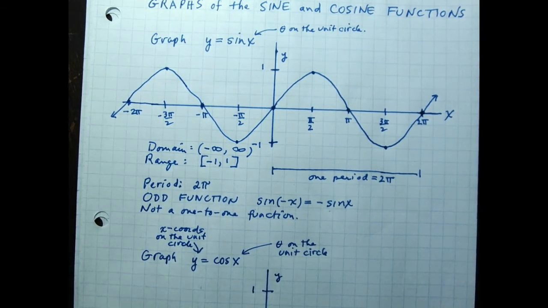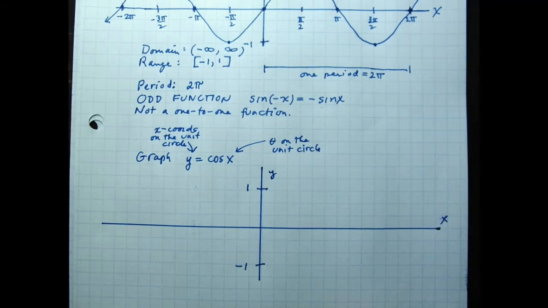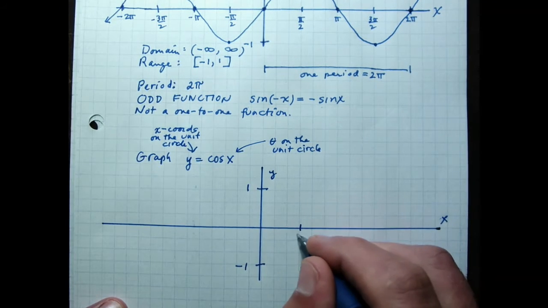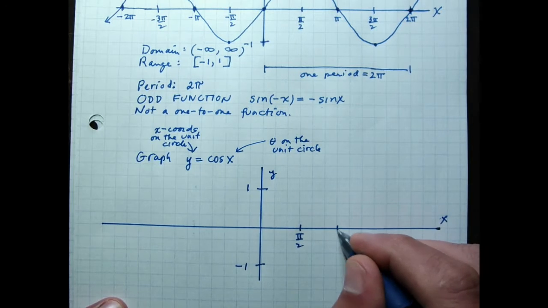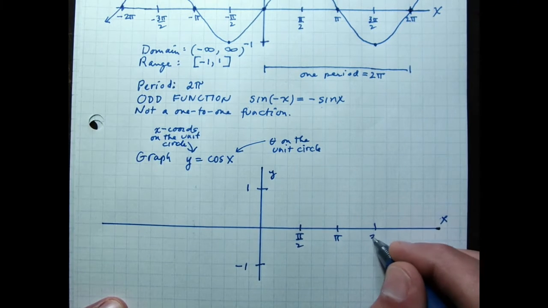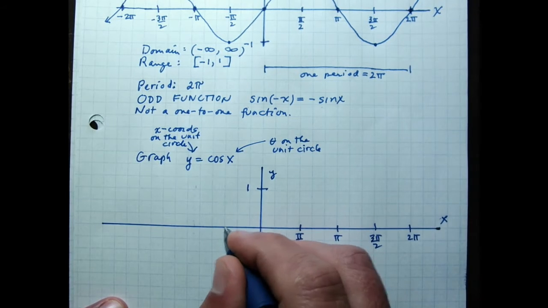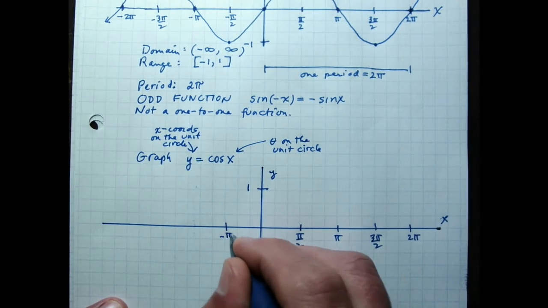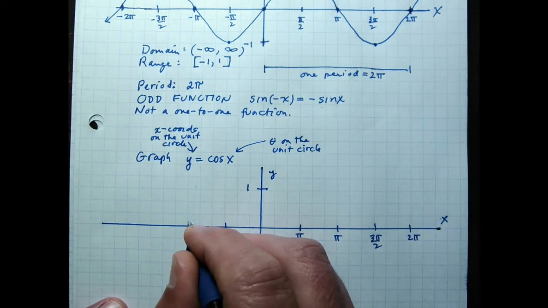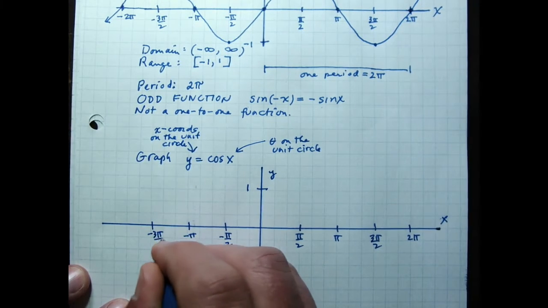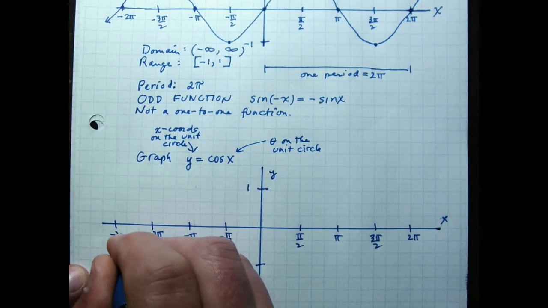And on the x, I need to label my quadrantal values. So 0, pi over 2, pi, 3 pi over 2, 2 pi, and in a negative direction, negative pi over 2, negative pi, negative 3 pi over 2, negative 2 pi.